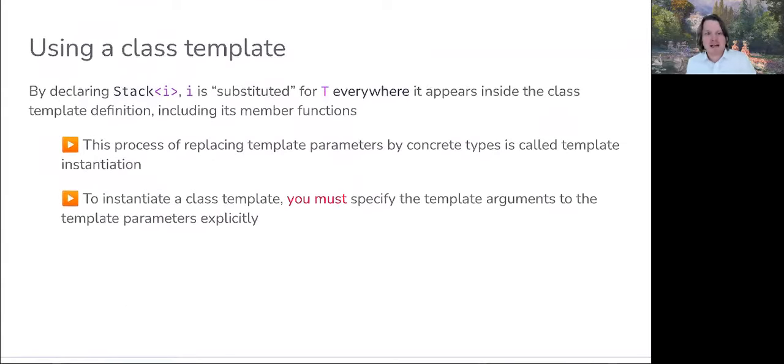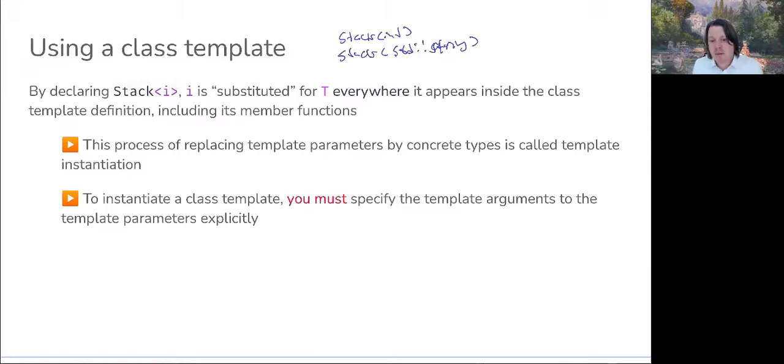So, using a class template. This is very similar to the function templates that we've talked about before. By declaring stack of int, stack of std::string, etc., in this case, the standard library string is going to be substituted for T everywhere it appears inside the class template definition, including its member functions.